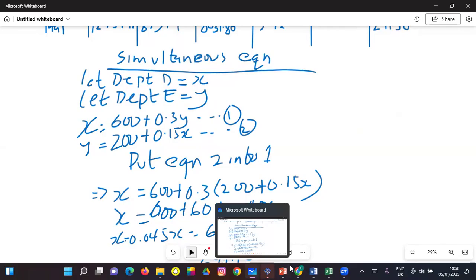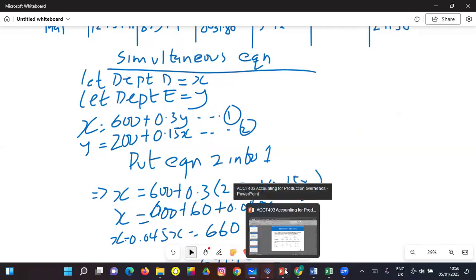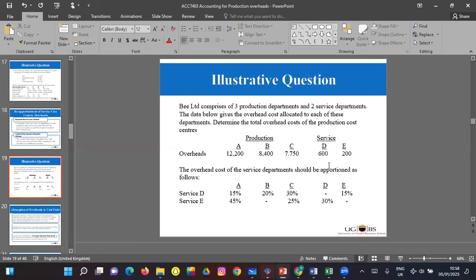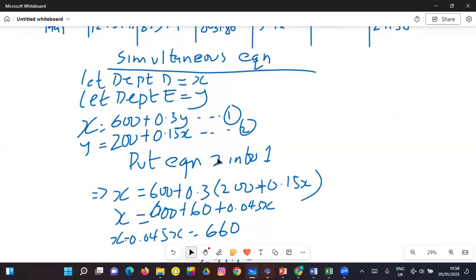Reapportionment is time consuming, but the simultaneous equation is so easy. So you see, you have 600 under D, and you have 30% here, right? So you just bring the same thing here: 600 plus 30% of Y for department D.